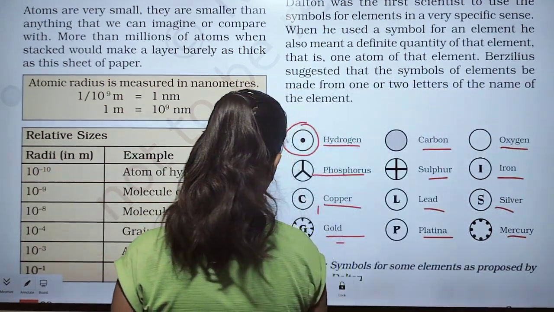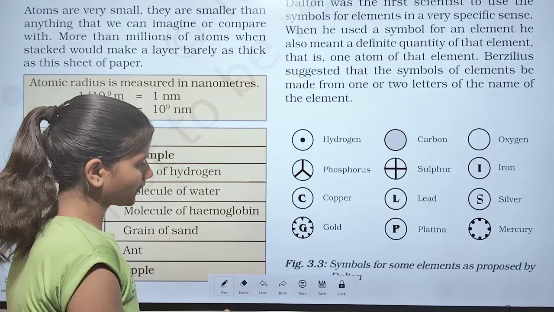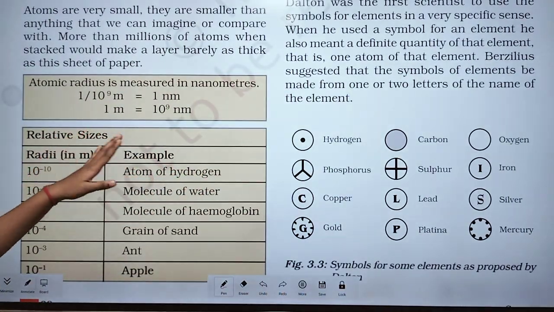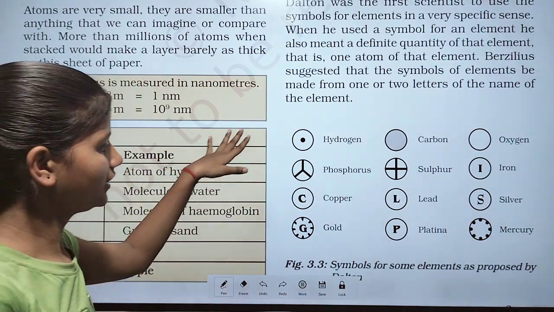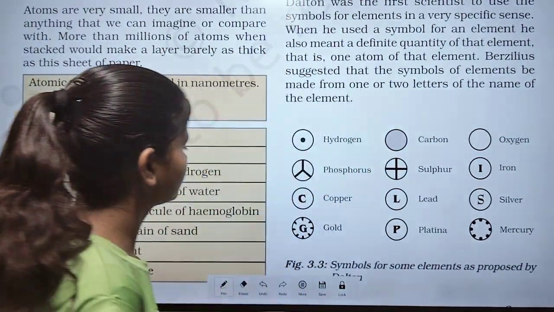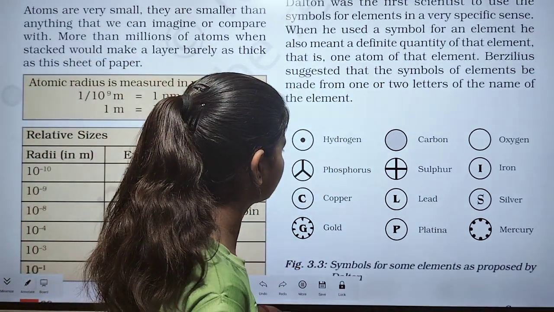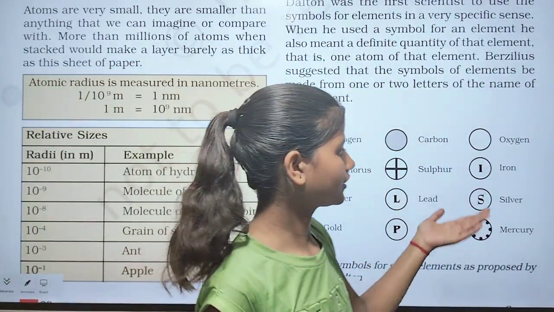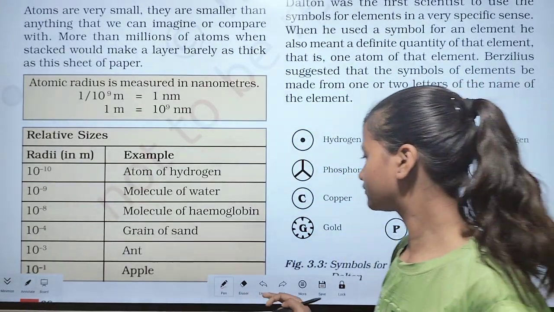So these are some symbols for some elements, as proposed by Dalton: lead, copper, gold, platinum, mercury, silver, and many more.